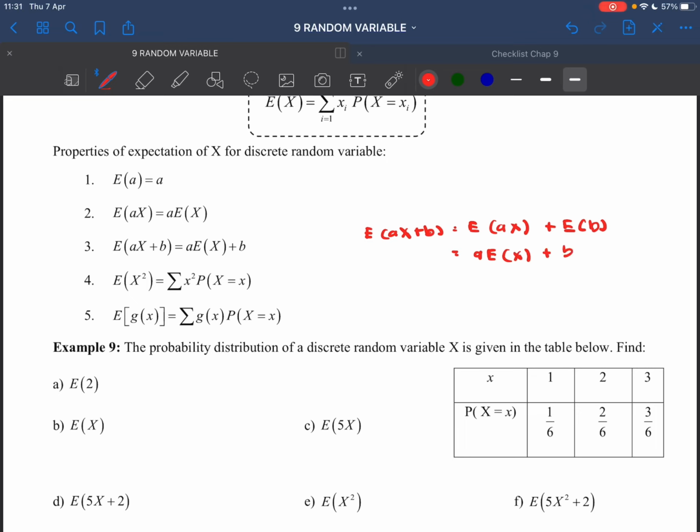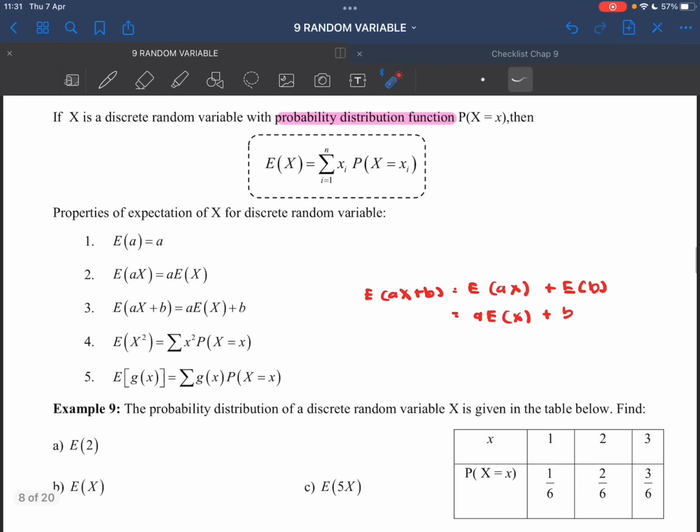Then we have E(X squared). If the expectation E(X) is the summation of X multiplied by P(X equals x), then for E(X squared) you have to use X squared. It is the same thing; if this one is g(X), depends on the function that the question gave us.